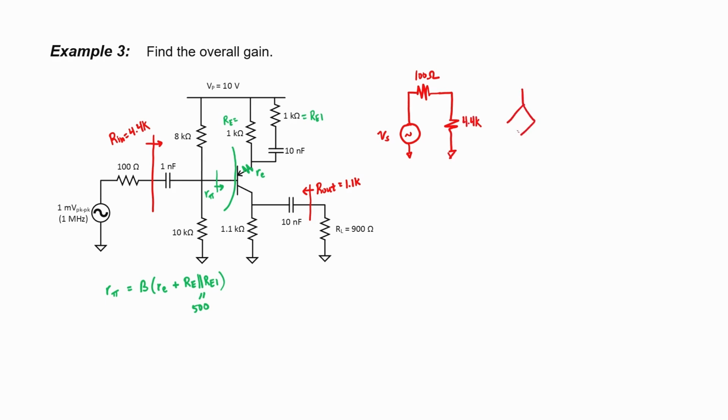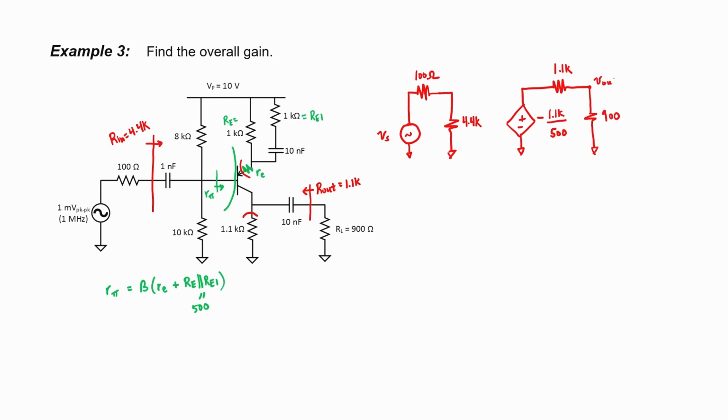We then have our gain, and our gain for a common emitter amplifier is negative the resistance looking at the collector, which in this case is 1.1 kiloohms, divided by our resistance looking out of the emitter, and I'm going to neglect little r sub e and just write 500 ohms, 1 kiloohm in parallel with 1 kiloohm. This is our output impedance, which is 1.1 kiloohm, and then finally we have our load.